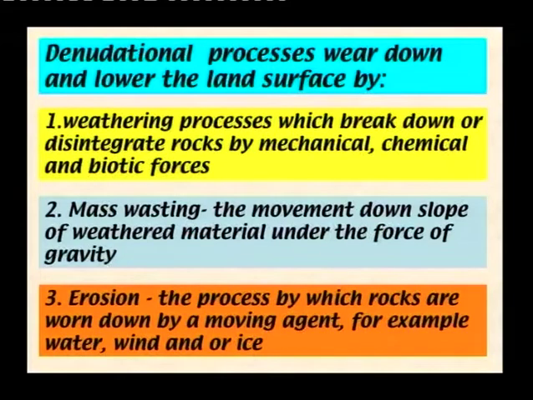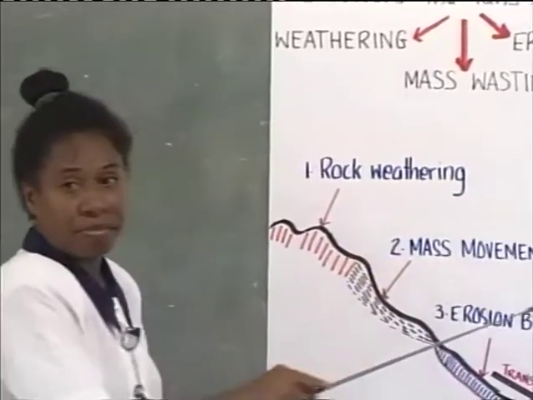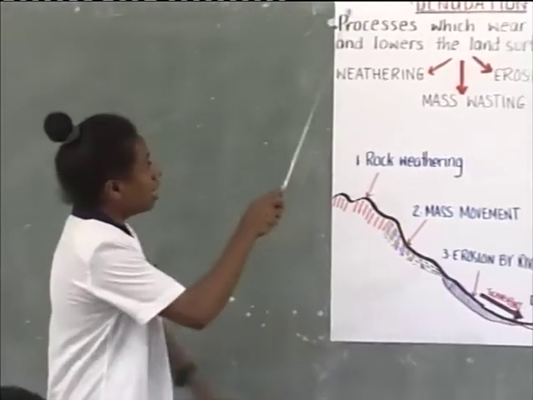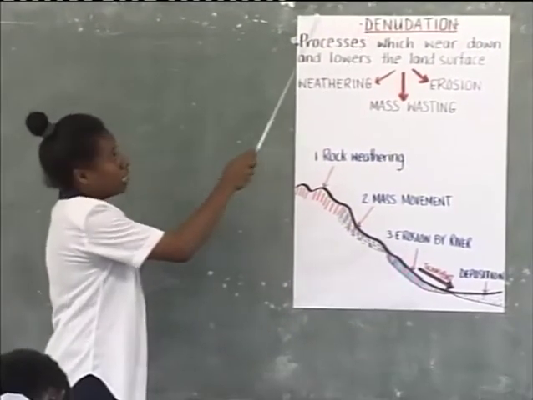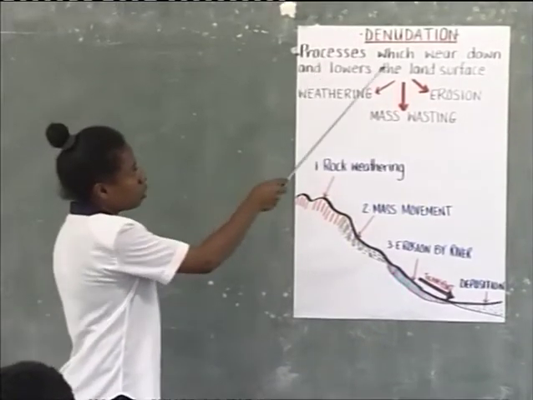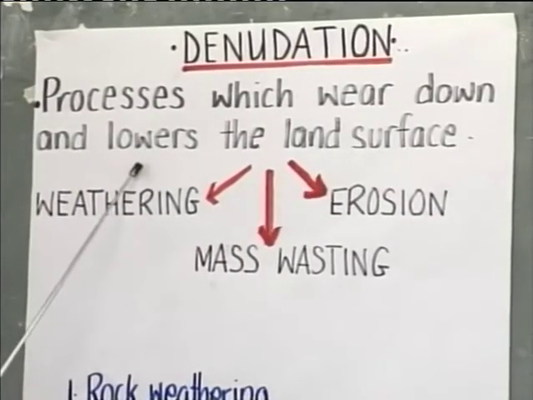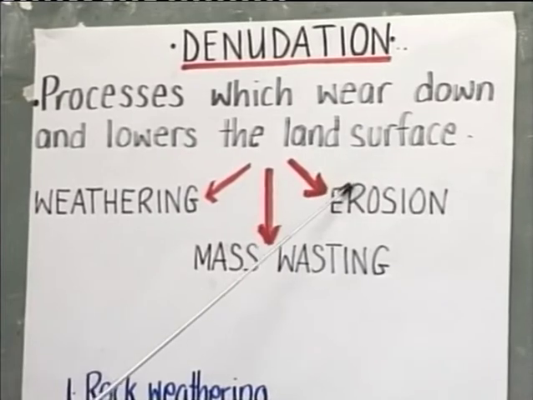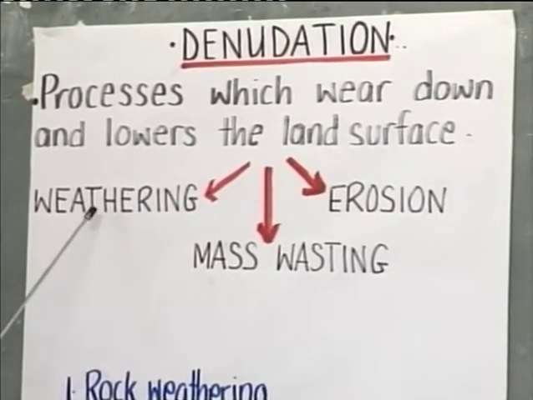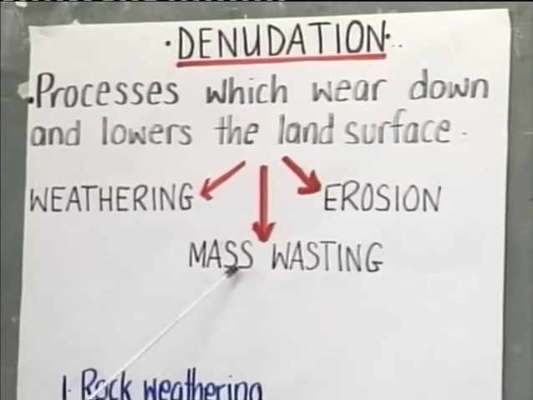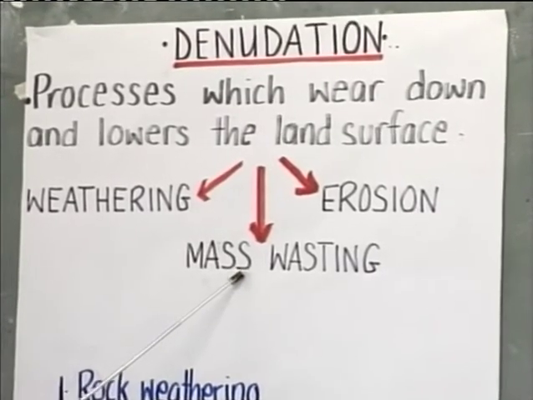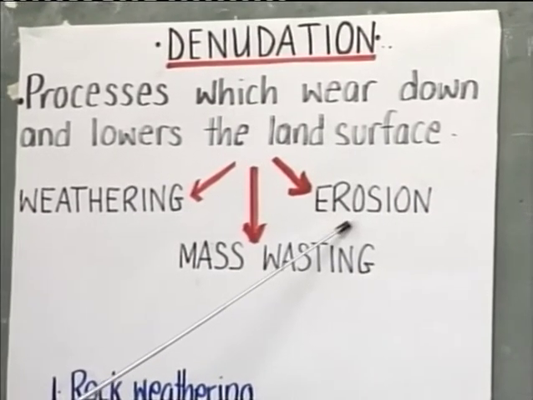So if we had to put that information simply, perhaps on a summary chart, here you can see the denudation definition is mainly to do with processes which wear down and lower the land surface. Those processes are the weathering process, mass wasting or mass movement, and erosion.